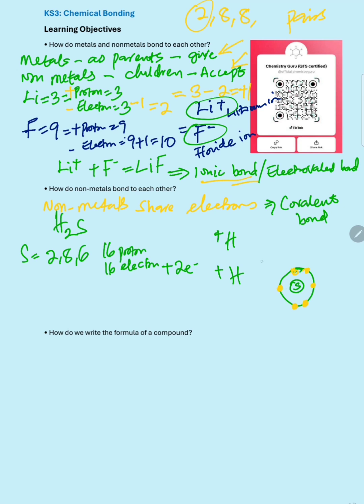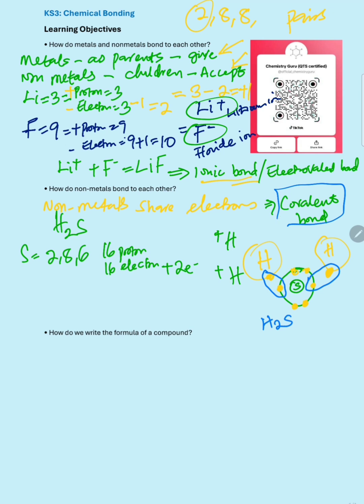So it could have a hydrogen coming here, a hydrogen coming here, each with this 1 electron. So they are going to share that electron in order to achieve this. So that gives us H2S. That gives us a covalent bond.